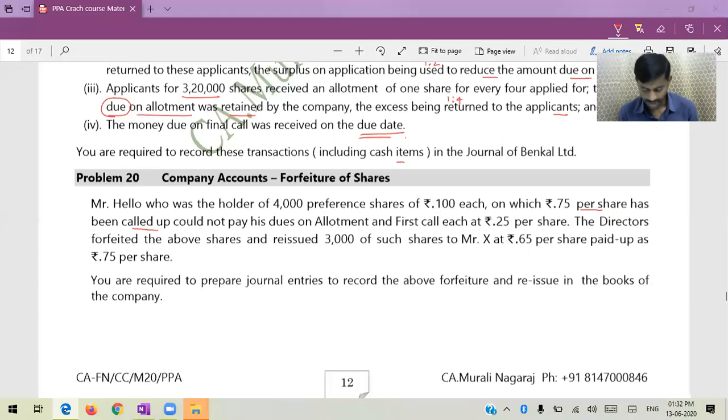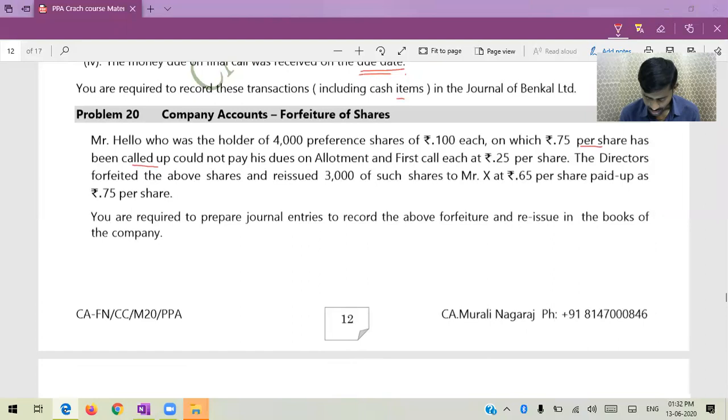For example, in share call here, 75 rupees I called up. Suppose out of all the shareholders, only 70 rupees they have paid. The called up entry is share call account debit 75 to share capital account 75. Therefore, I credited already in share capital 75. But the receipt entry is, for example, only 70 rupees I have received. So bank account debit 70 to share call account 70.